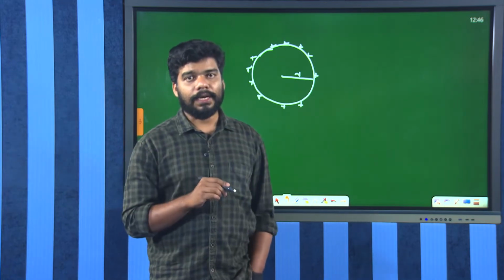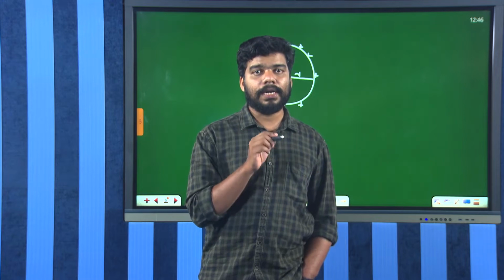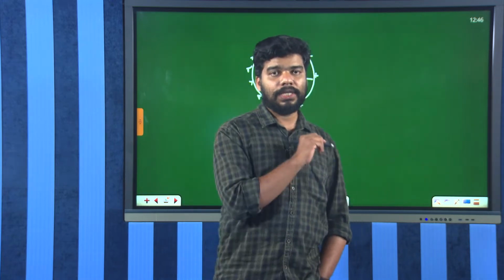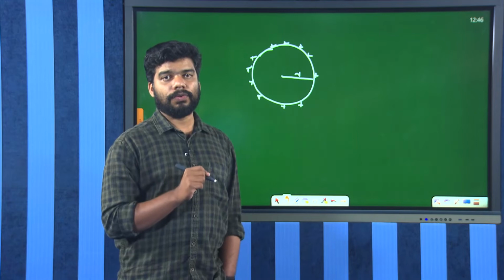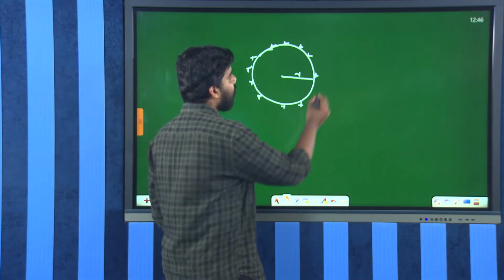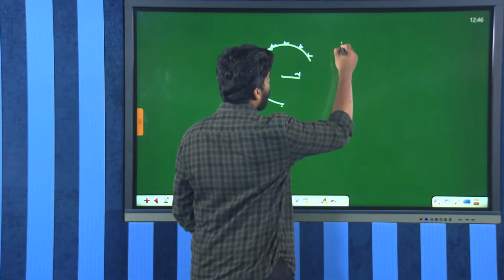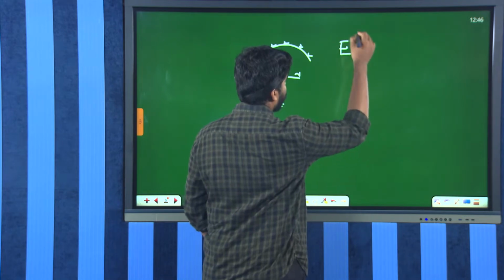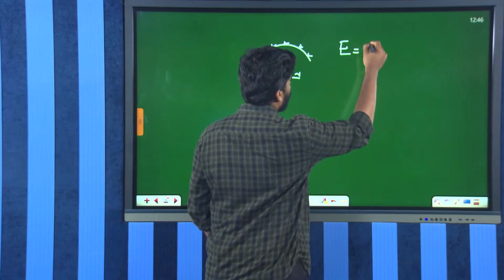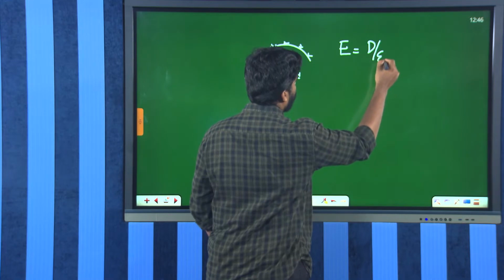So, the electric field at the surface of the shell can be obtained in terms of D as E is equal to D by epsilon 0. Now, we will check how we get E is equal to D by epsilon 0.